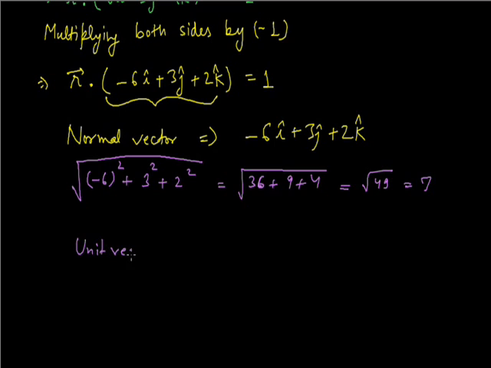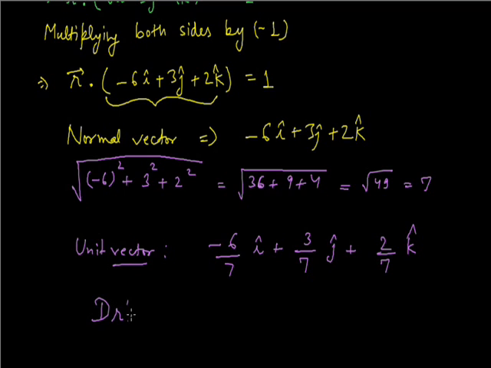So the unit vector would be equal to minus 6 by 7 i cap plus 3 by 7 j cap plus 2 by 7 k cap. Now the coefficients of i, j, k over here represent the direction cosines. Minus 6 by 7, 3 by 7, 2 by 7 are the required direction cosines.